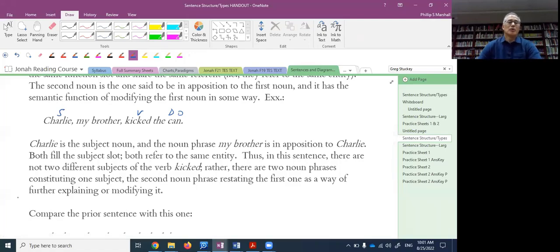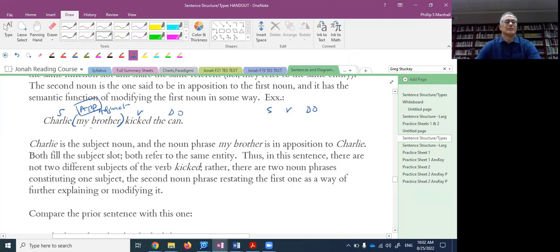So what role does my brother have in this sentence? Well, my brother doesn't have an actual grammatical role in the sentence. This is a subject, verb, direct object sentence where all my obligatory constituents are seen here. Charlie kicked the can. And my brother is an adjunct, in the form of apposition.